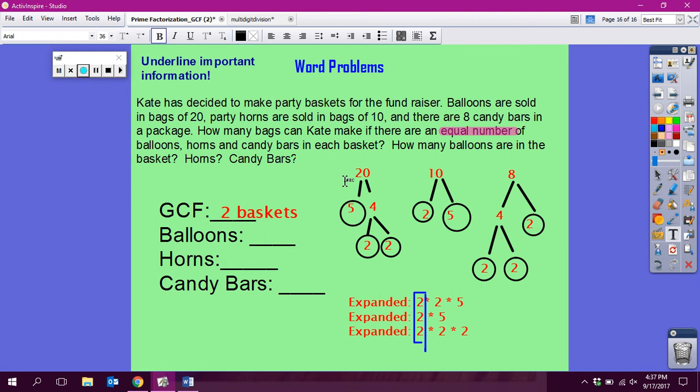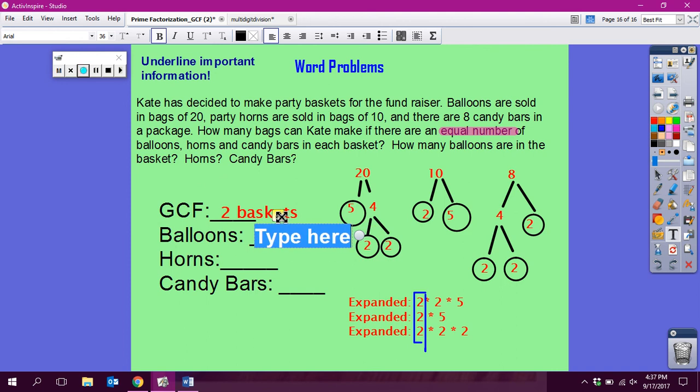So we're going to take this a step further, and we know that we have 2 baskets, but now the question becomes how many balloons, horns, and candy bars will be placed in these baskets. So if you know that you have 20 balloons, but you need 2 baskets, what you want to do is take that greatest common factor and actually divide.